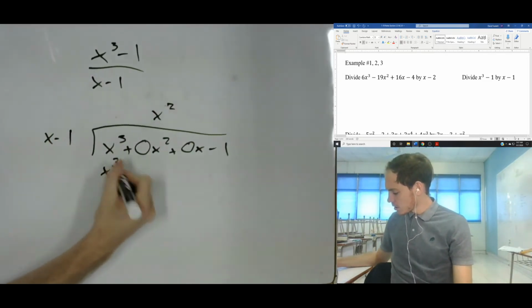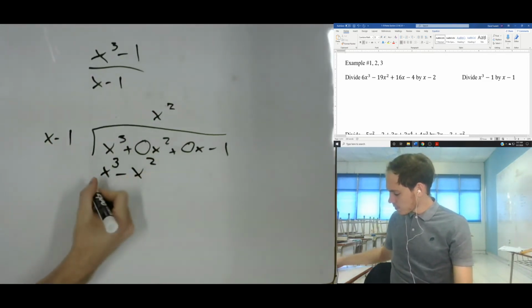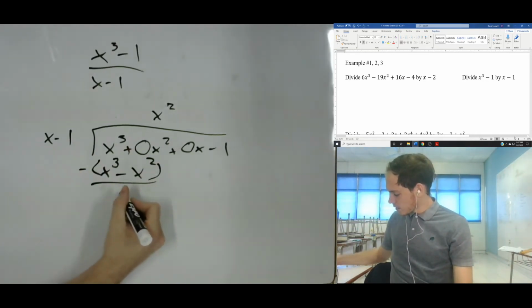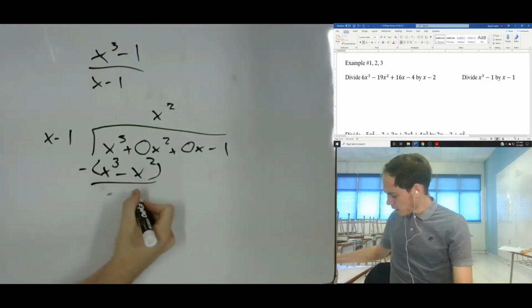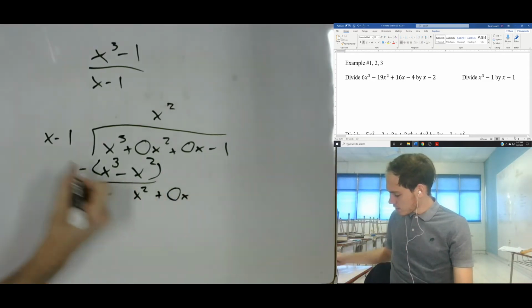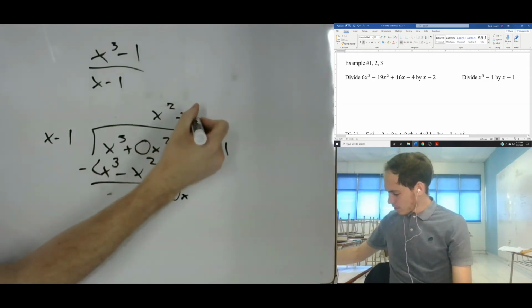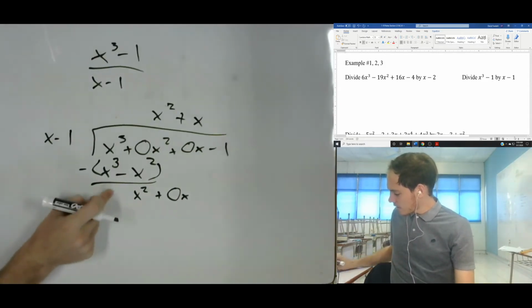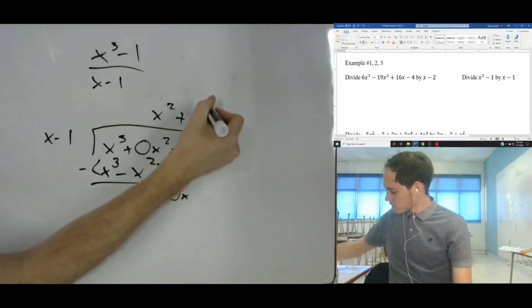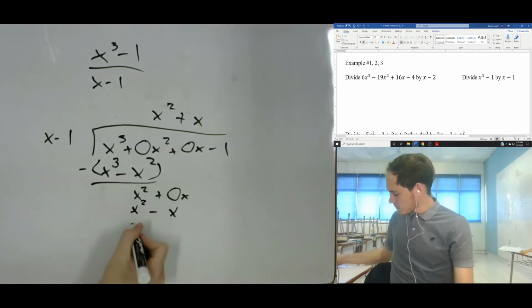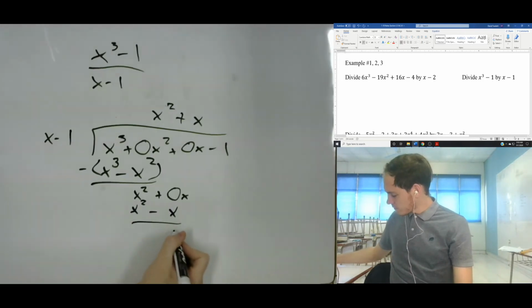Okay, dividing. So x goes into x cubed, x squared times. Multiply this by x minus 1, we get x cubed minus x squared. Subtract it, this becomes positive x squared, and drop down the 0x. Then again, we get an x, just an x, so we get x squared minus x, and we get just positive x minus 1.